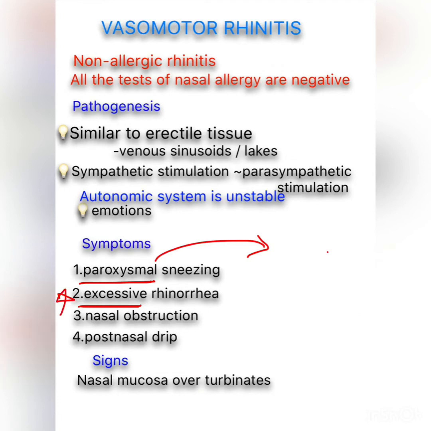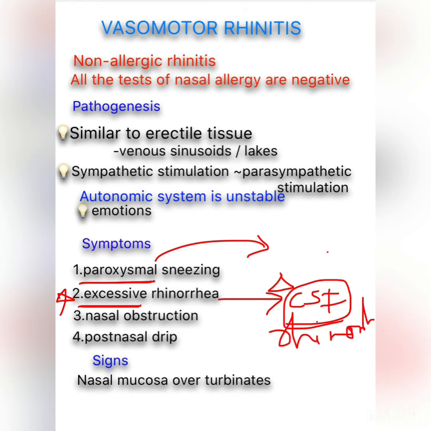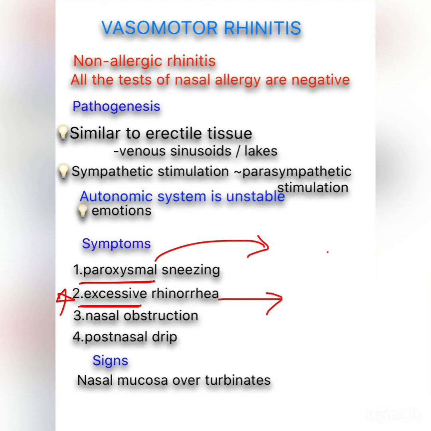The rhinorrhea will be profuse and watery and may even wet several handkerchiefs. It will be that excessive, and it should be differentiated from CSF rhinorrhea. The nose may drip when the patient leans forward, and thus it should be differentiated from CSF rhinorrhea, as I said. The next symptom of vasomotor rhinitis is nasal obstruction.